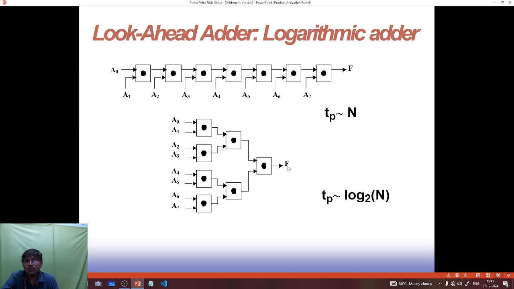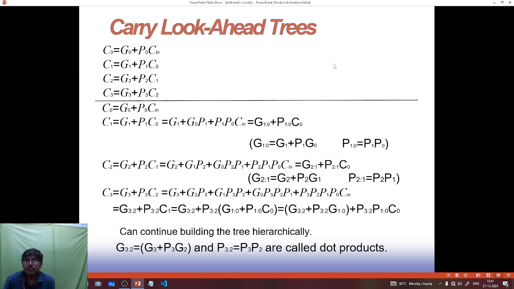So this is also a method of minimizing using a look-ahead adder, and finally we get the adder output. So, the look-ahead adder, logarithmic adder. Next, these are the look-ahead adder equations, processed based on the previous equations.